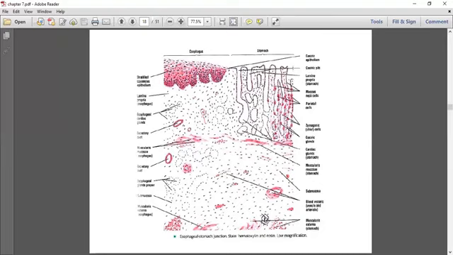The type of epithelium in the mucosa of the esophagus is stratified squamous, while in the stomach it is simple columnar, composed of one layer; here it is stratified, very thick.